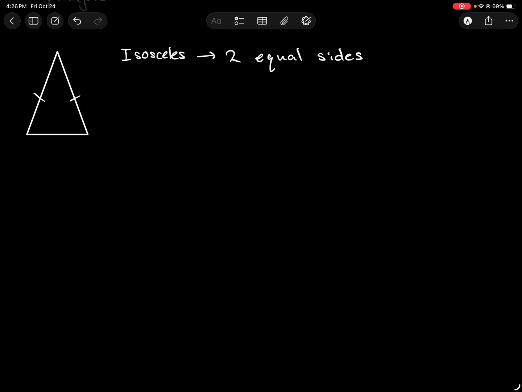And what this will also mean is that my base angles, the angles that are right below my congruent sides here, will also be congruent.